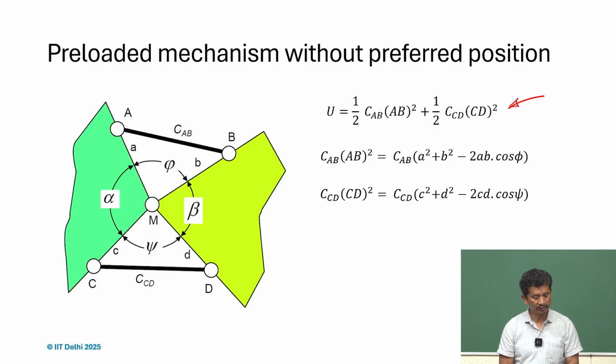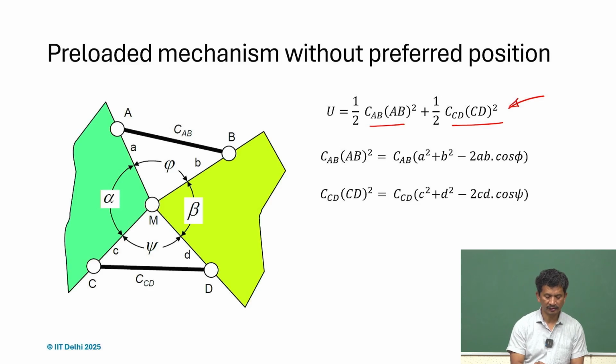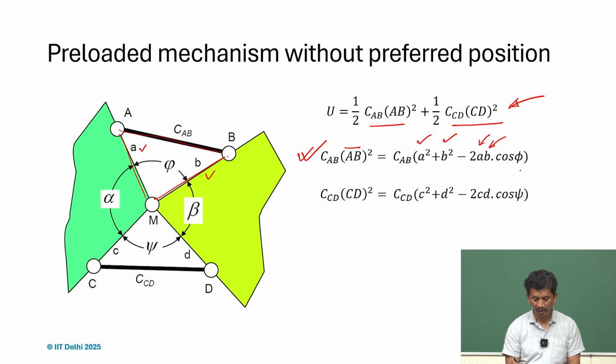And if we look at the triangles and try to rewrite these in terms of link lengths and the angles, we find that AB square can be written from this triangle as A square plus B square minus 2 A B cos phi, where A and B are the link lengths and phi is the angle there.